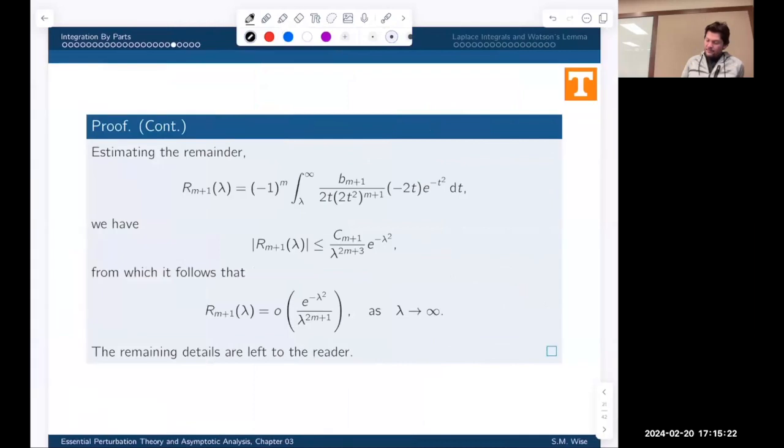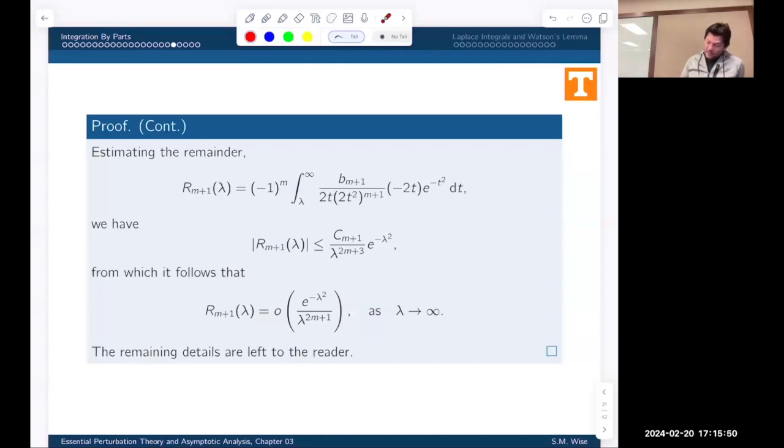But in my remainder, I get something which is clearly under that, or which is going to 0 a lot faster than that, I should say, because it's in the denominator, it has the power of lambda of 2m plus 3. Right? So I'm going to use the squeeze theorem again, my Mack truck theorem, or the Cybertruck theorem.